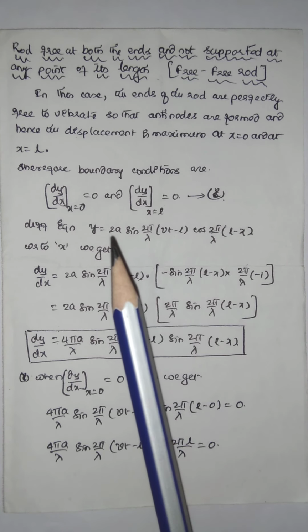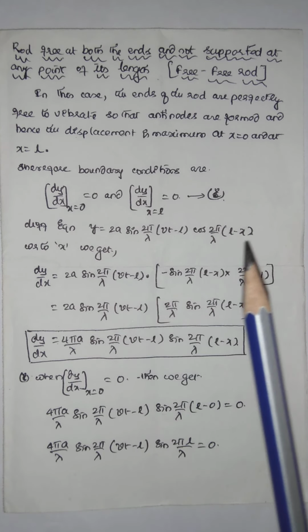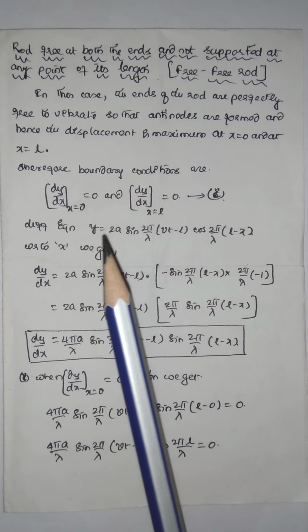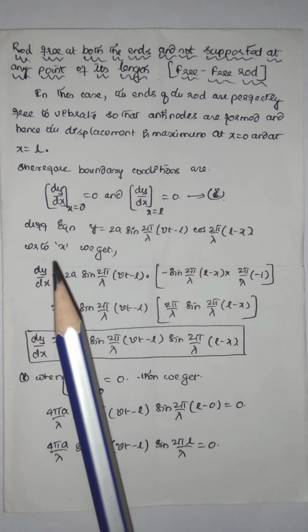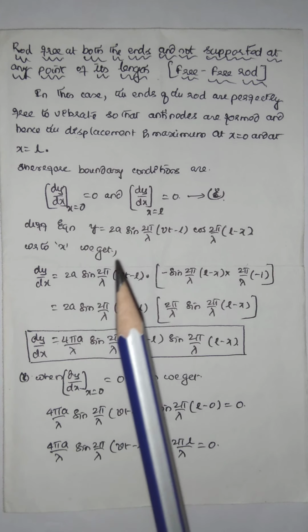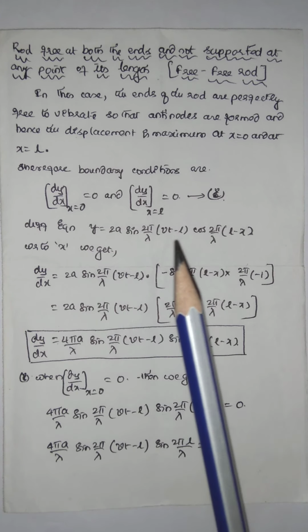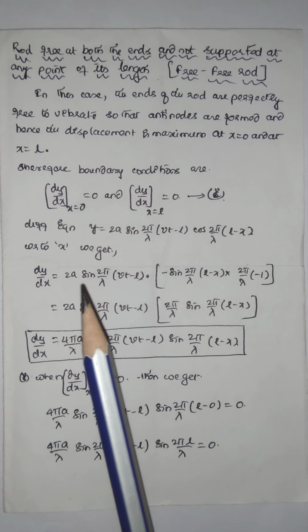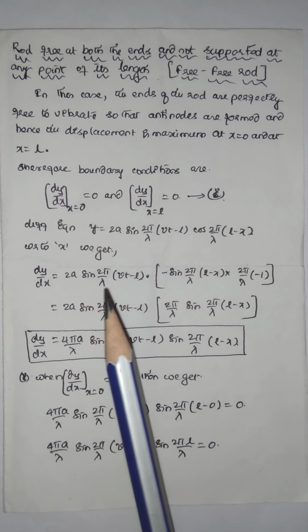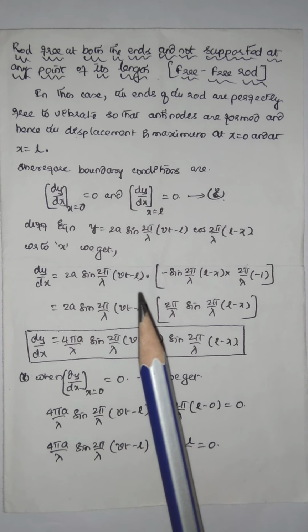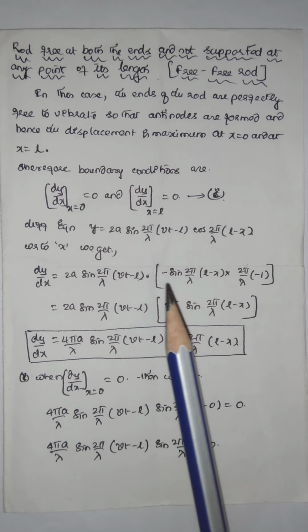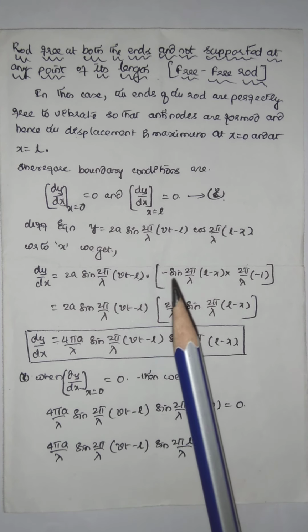Now we shall differentiate this complete expression with respect to x. Now differentiation of y with respect to x is dy by dx. That is equal to, here there are two terms. First term is constant, that is given by 2a sine 2 pi by lambda into Vt minus L. And the second term, on differentiating, differentiation of cos theta is minus sine theta.